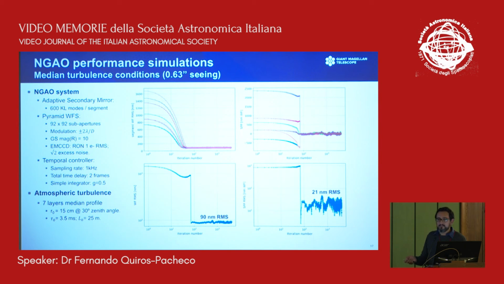This can be mitigated by some modal bootstrap strategies that can be developed, but it is a fact that it will happen. And this is one of the functions of the second wavefront sensing channel, in which by taking measurements at a slightly different wavelength, it can disentangle those segments and bring them back to 0.